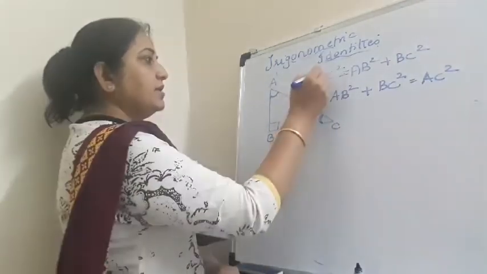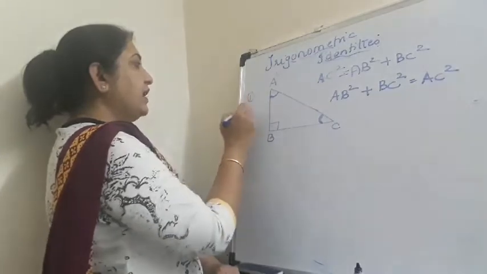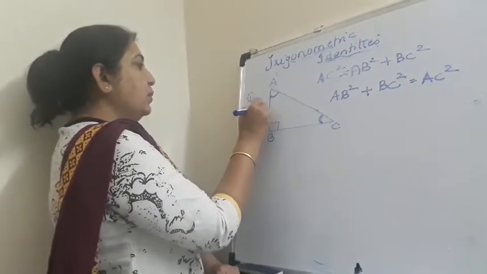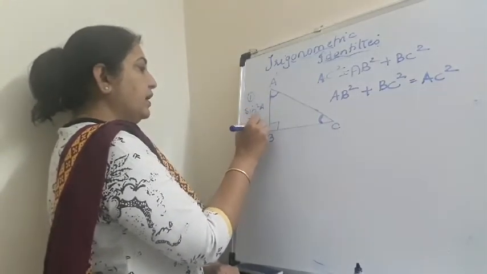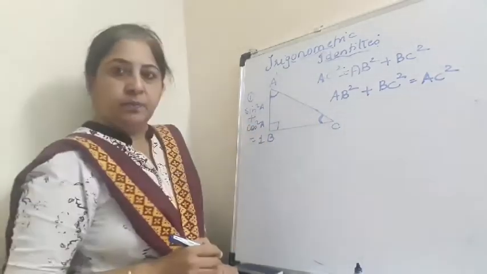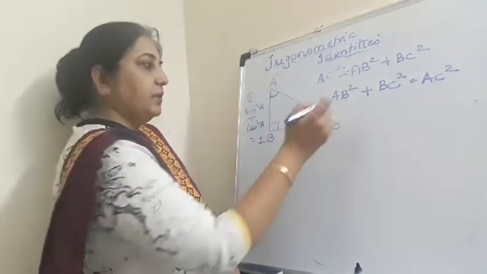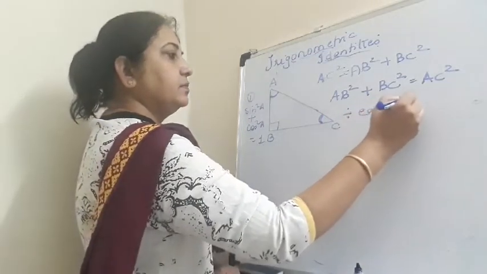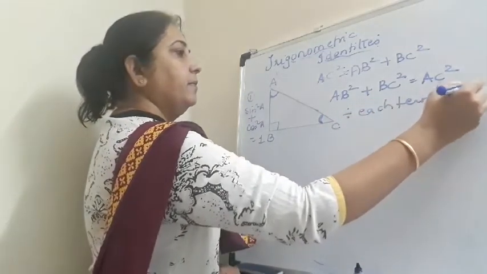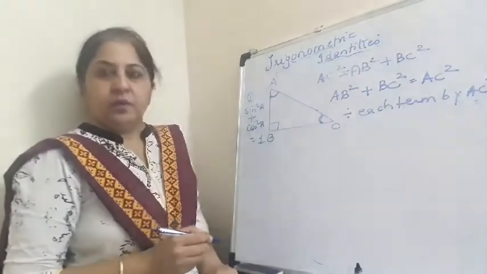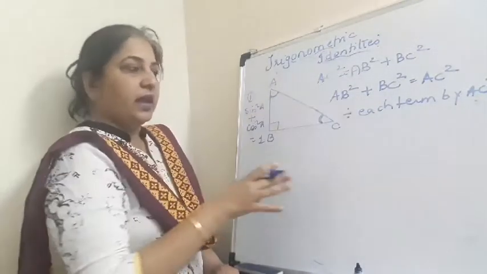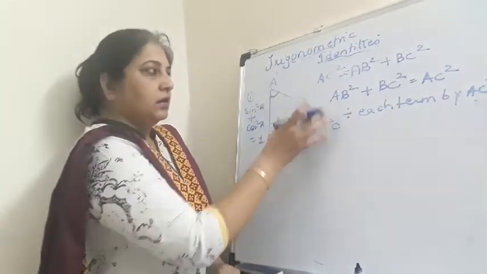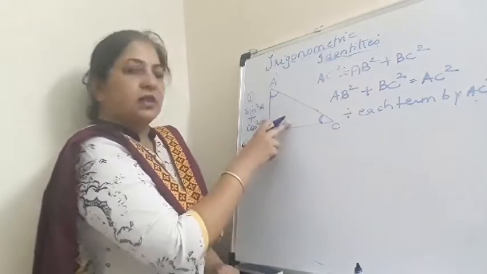Now what I am doing is I am proving the first identity, that is sine square A plus cos square A is equal to 1. Now let us divide each term by AC square. The proof of all the three identities will be in the same format for the same triangle.